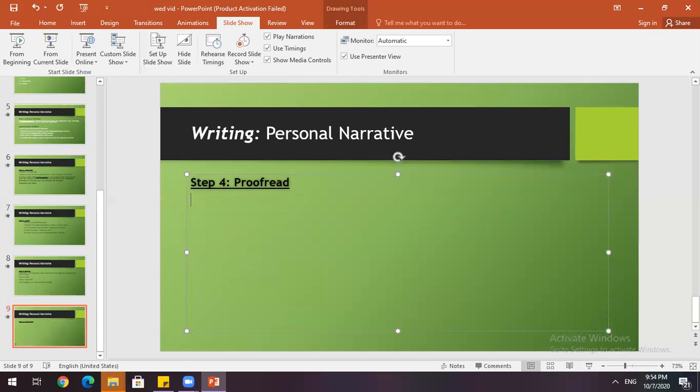When we proofread, this means that we check our narrative for spelling mistakes, for grammatical errors. We check for mechanics, punctuation. We make sure that we catch any mistakes that we may have made while we were writing our draft.